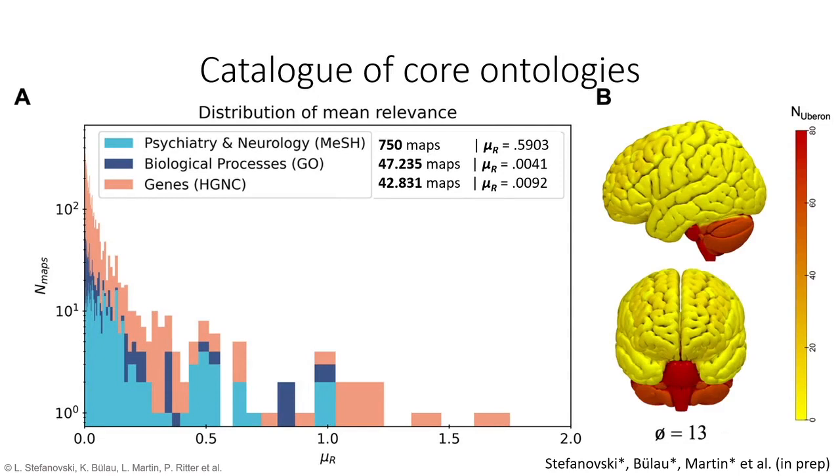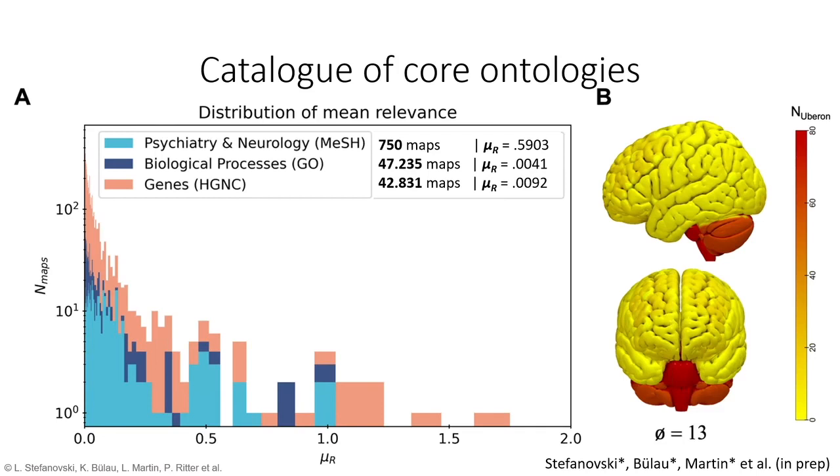Okay, so with this framework, we've mapped thousands of different genes, the whole genome, so the association, the spatial patterns of the whole genome defined in the HGNC, the HUGO Gene Nomenclature Committee. We mapped also all biological processes which are defined in the Gene Ontology, which is a kind of weird name, but they are rather biological processes defined.